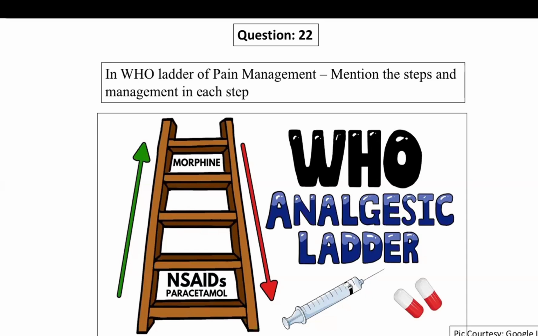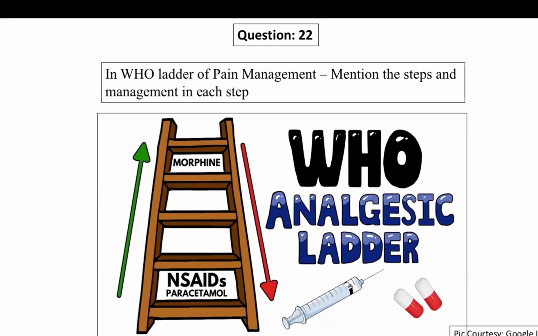Okay. So can you name some additional or adjuvant analgesics or adjuvant drugs that are added to step 3? Adjuvant, we can add, sir, corticosteroids, antiemetic, some muscle relaxant and anticonvulsant. Okay.